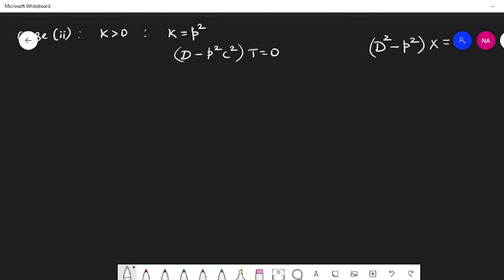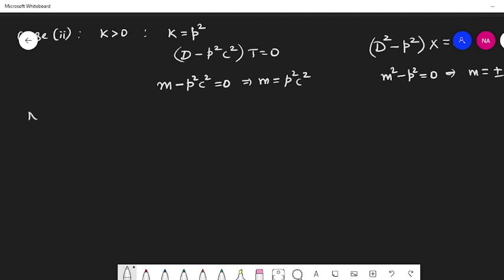If I write the auxiliary equation, m minus p square c square equal to 0, so m equal to p square c square, and this side will be having m square minus p square equal to 0. So m equal to plus or minus p.